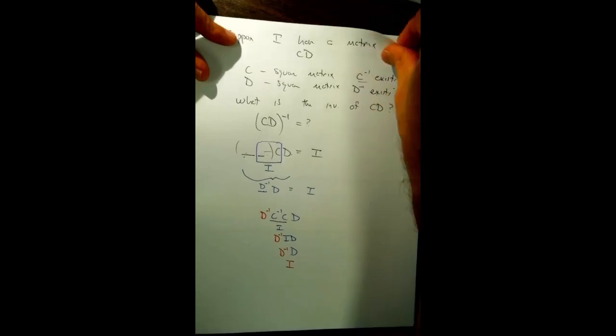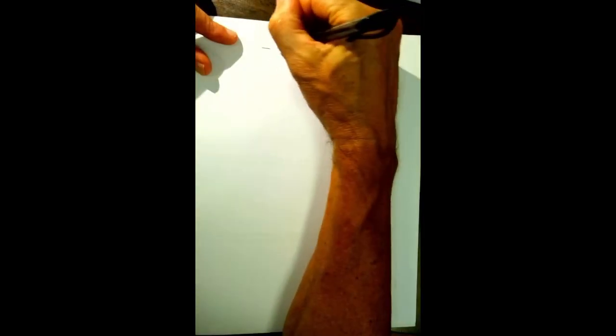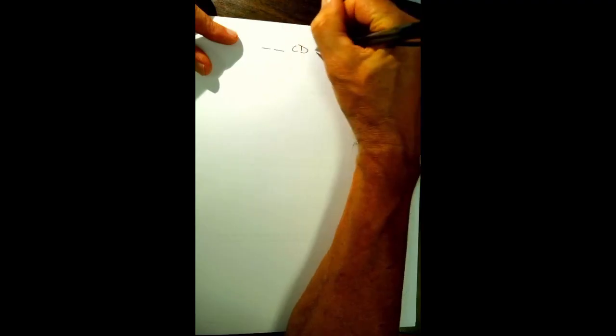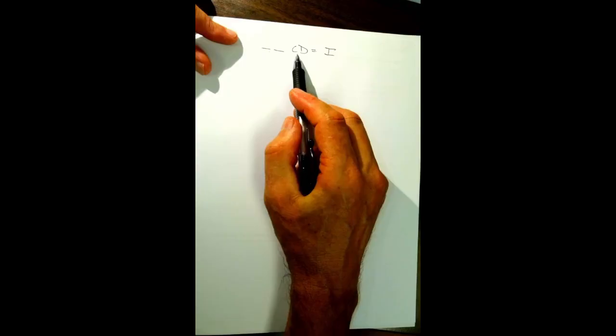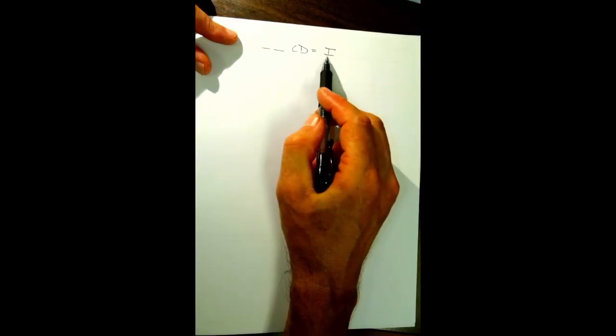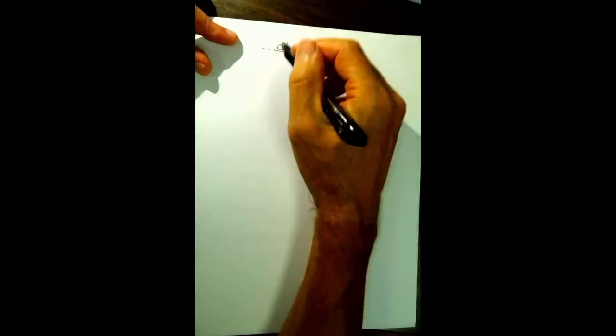So let's look at this another way. That's going to be confusing. I am looking to figure out how to multiply something times CD to get the identity matrix. If I work inside out, C inverse times C is the identity matrix, and the identity matrix times D is just D, so I get that.